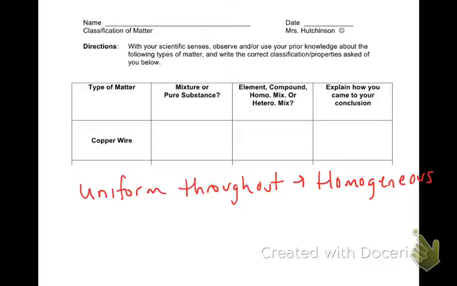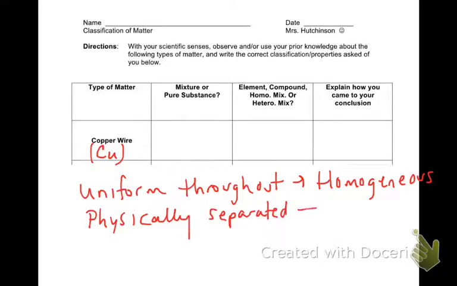When I say physically separated, I mean, can the atoms in there be physically separated? Because what's in copper wire? Just copper. Can those copper atoms be physically separated? No. Since it cannot be physically separated, we're not talking about a mixture.